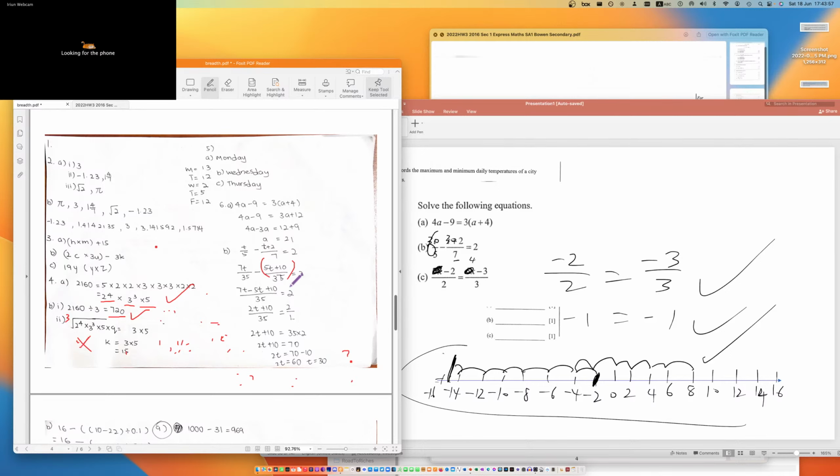This is very common. So common. A lot of students make this mistake. So hopefully you stop making this mistake again.